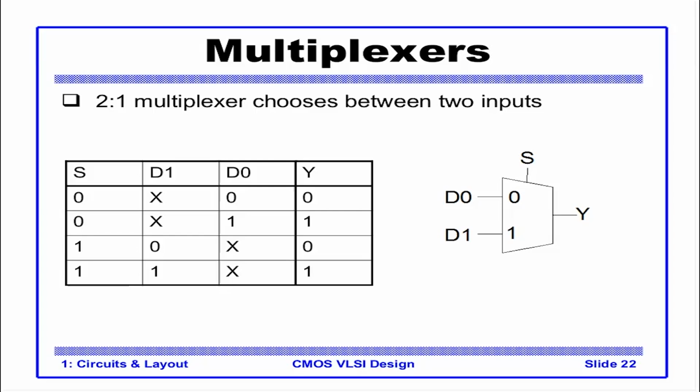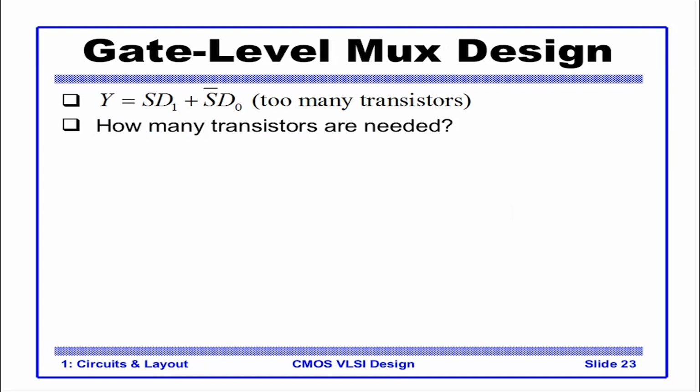Now let's say you would want to construct this mux out of a static CMOS design style. So what we would look for first of all is the Boolean expression. Now Y is equal to SD1 plus S bar D0.